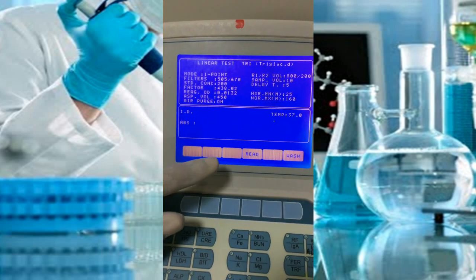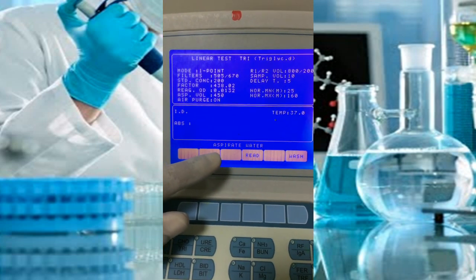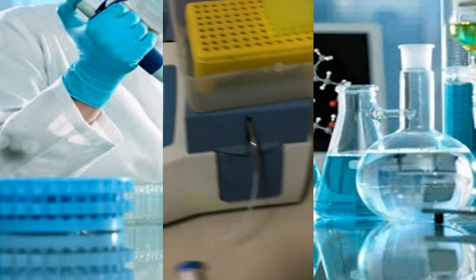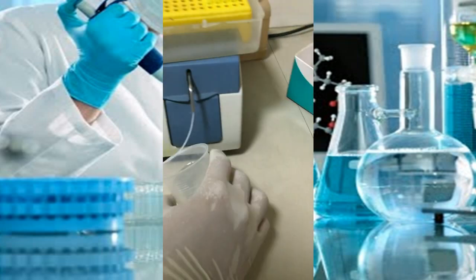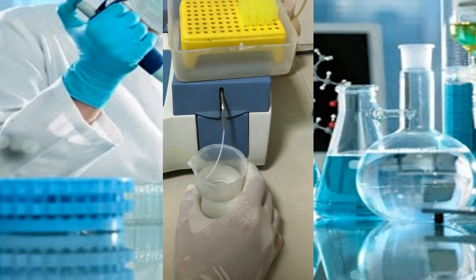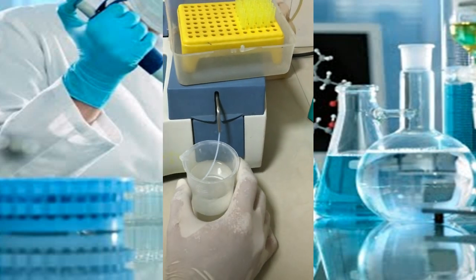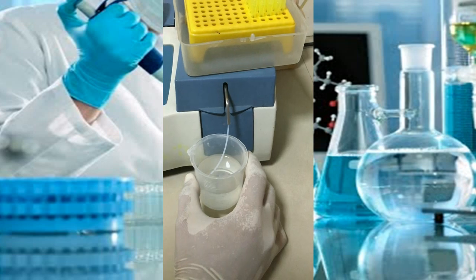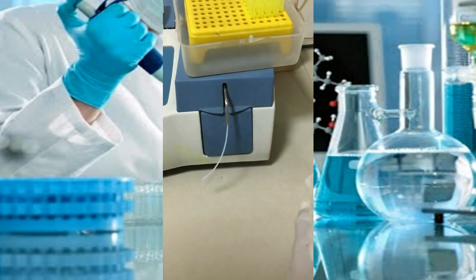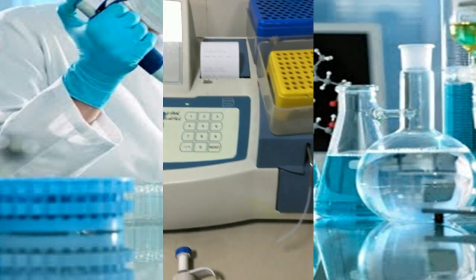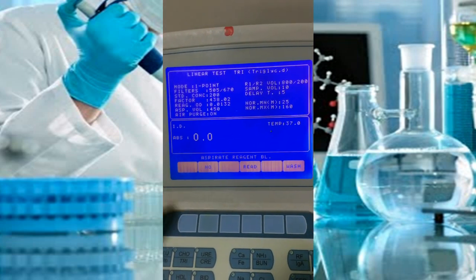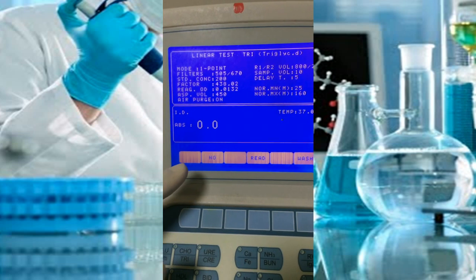Now it is asking for the water, so we need to aspirate distilled water first. After aspirating distilled water, it is asking for the reagent blank.